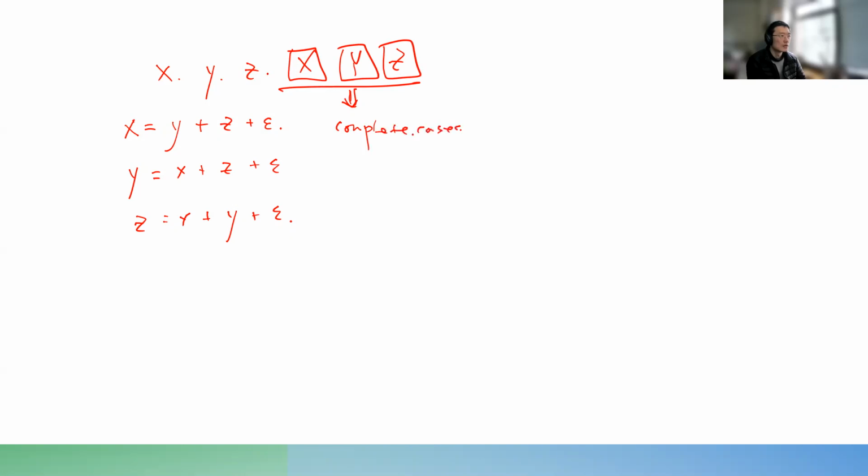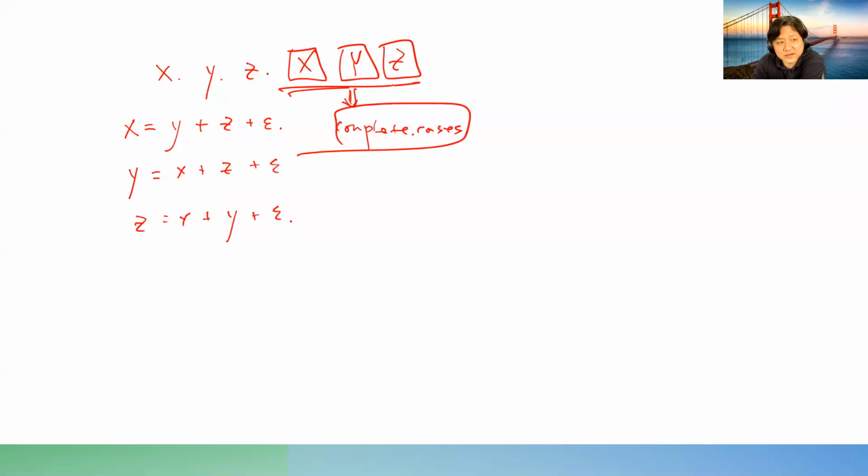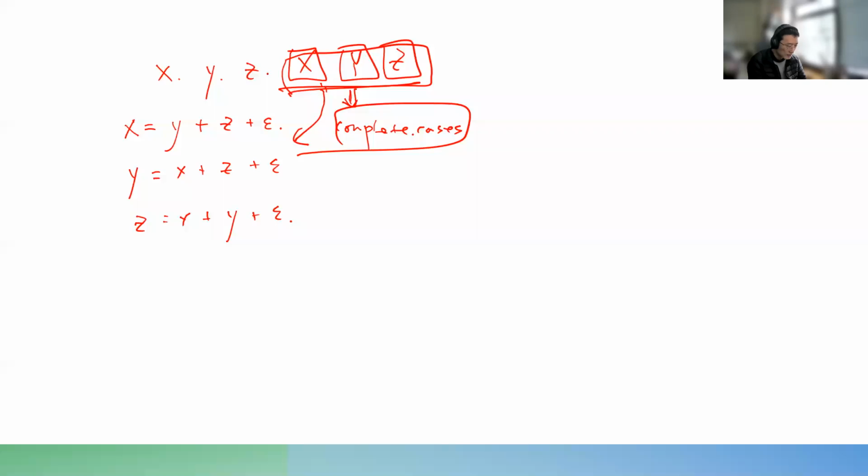Then we use this complete data set and predict again. That all happens in one imputation.